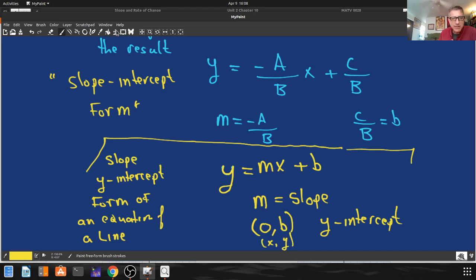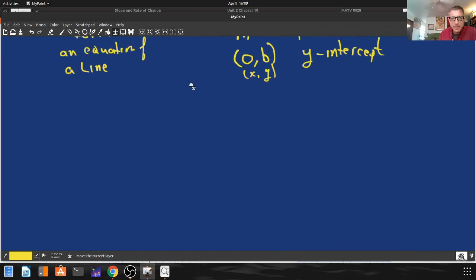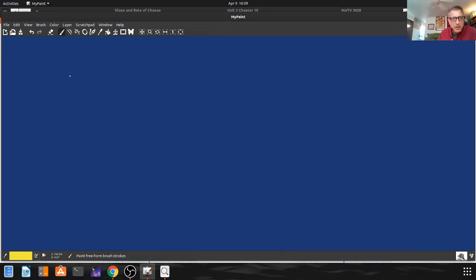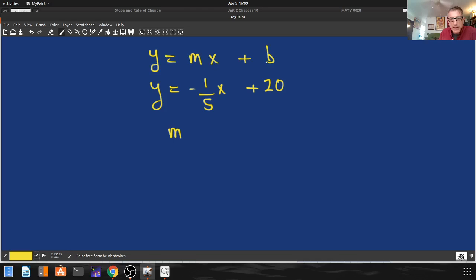So let's look at some examples. So y is equal to minus 1/5 x plus 20. The slope m, so that's y is equal to mx plus b.